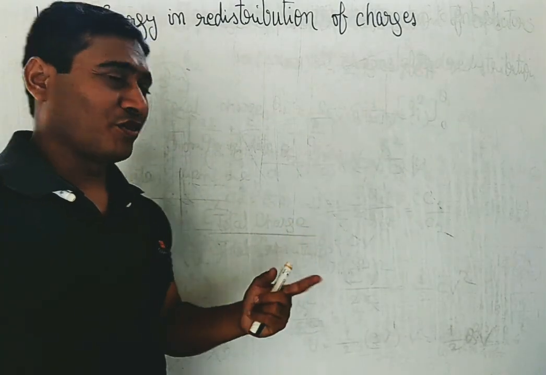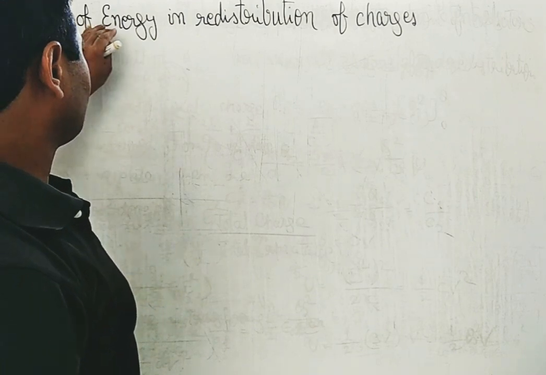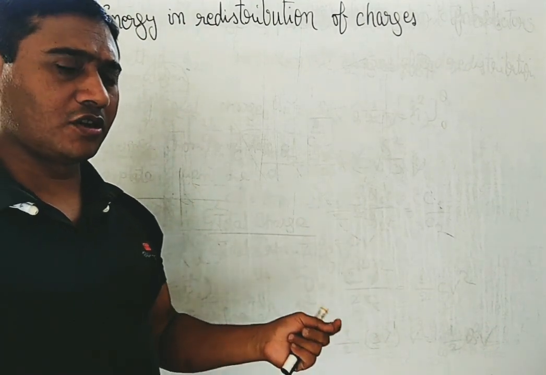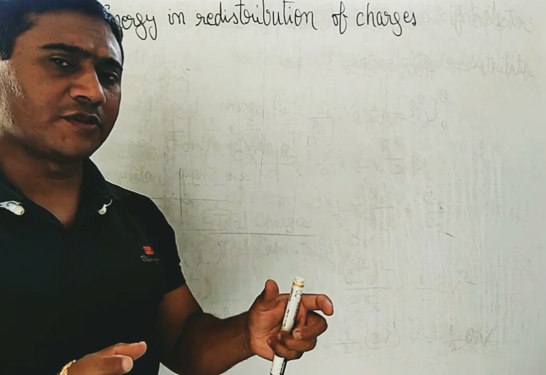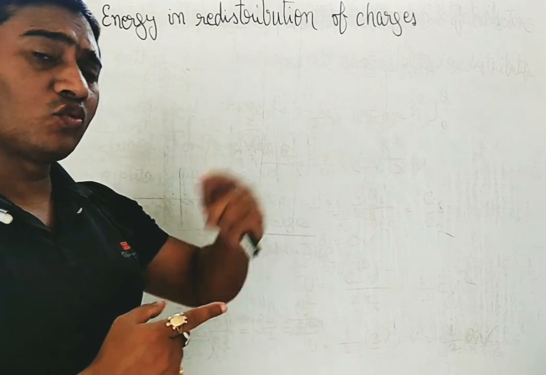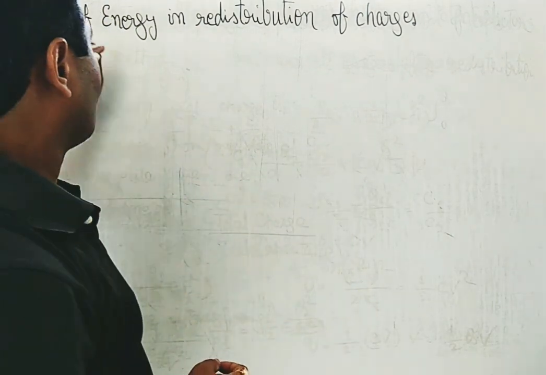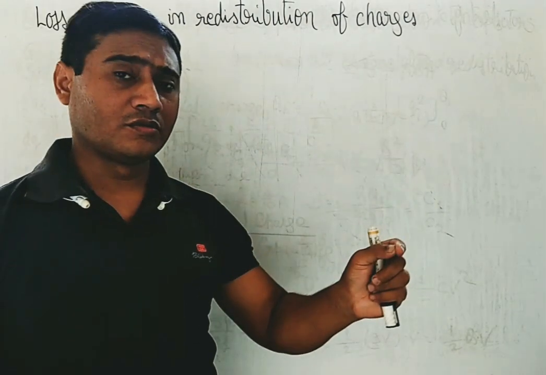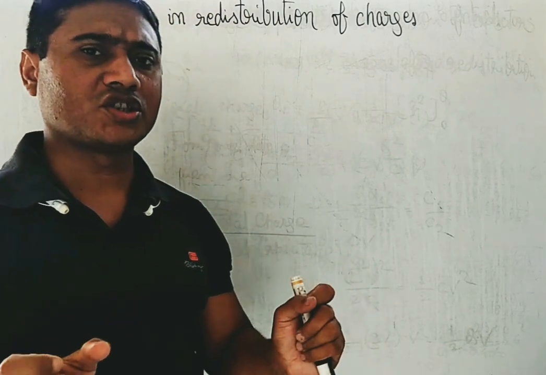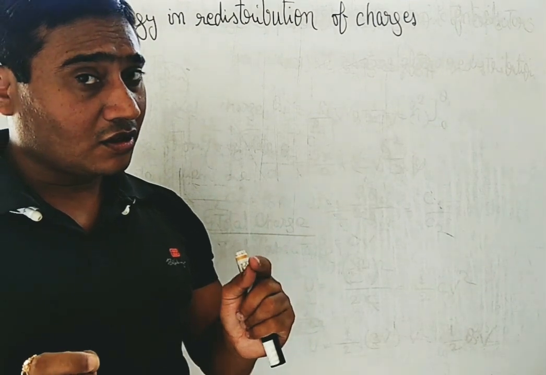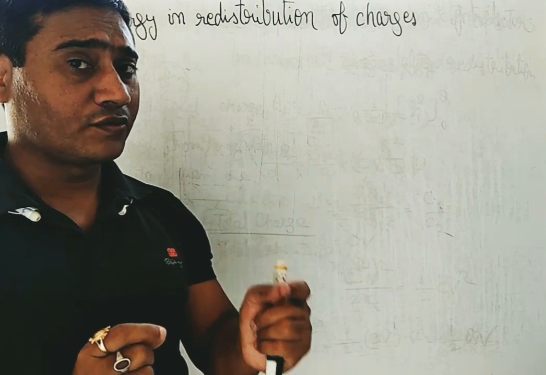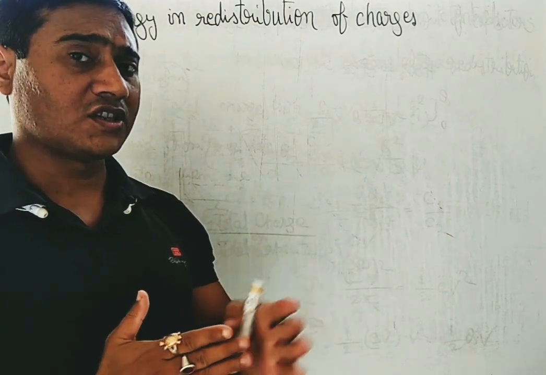Now let's have the next topic, loss of energy in redistribution of charges. As in the previous topic, we had the concept of common potential and redistribution of charges, so this topic is just in connection to that. When charges are transferred between two conductors at different potentials through a connecting wire, the wire offers certain resistance to those charges.